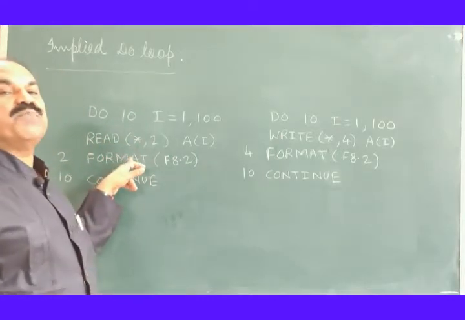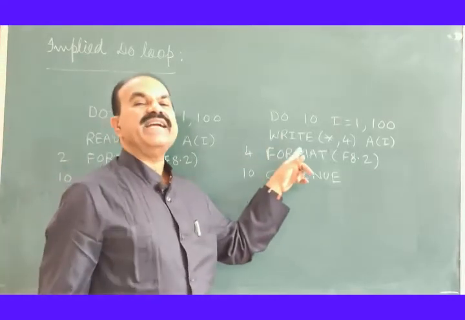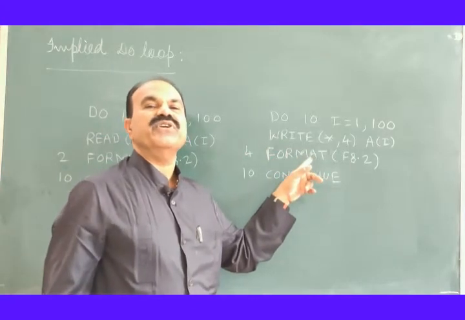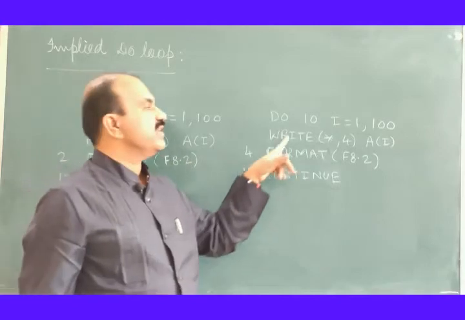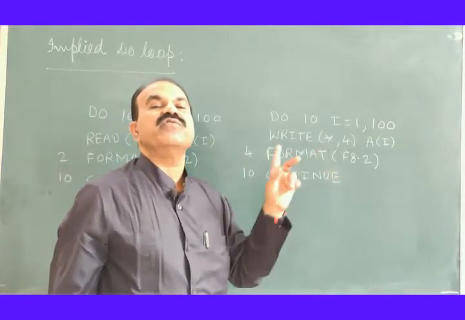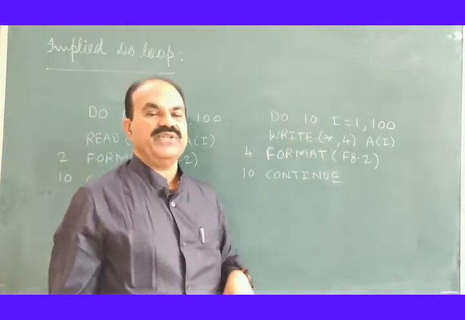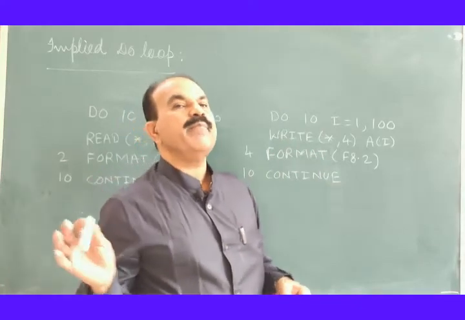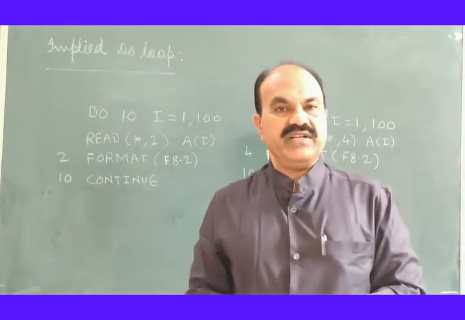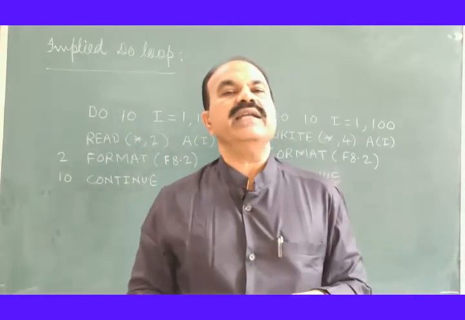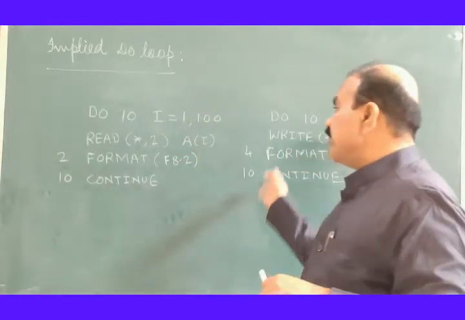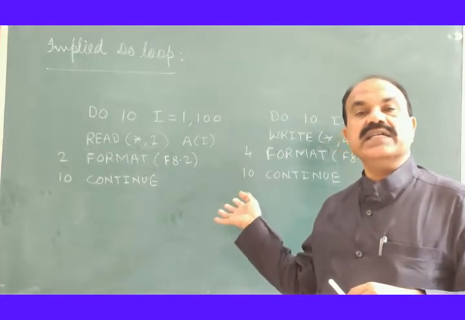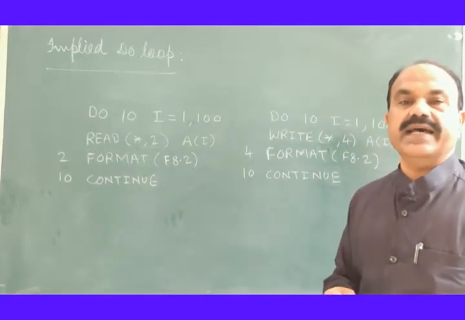Reading operation is performed here, writing operation is performed here. Inputting operation is performed here, outputting operation of the array is performed here. This is the simple way of inputting the elements of an array. This is the simple way of outputting the elements of an array.